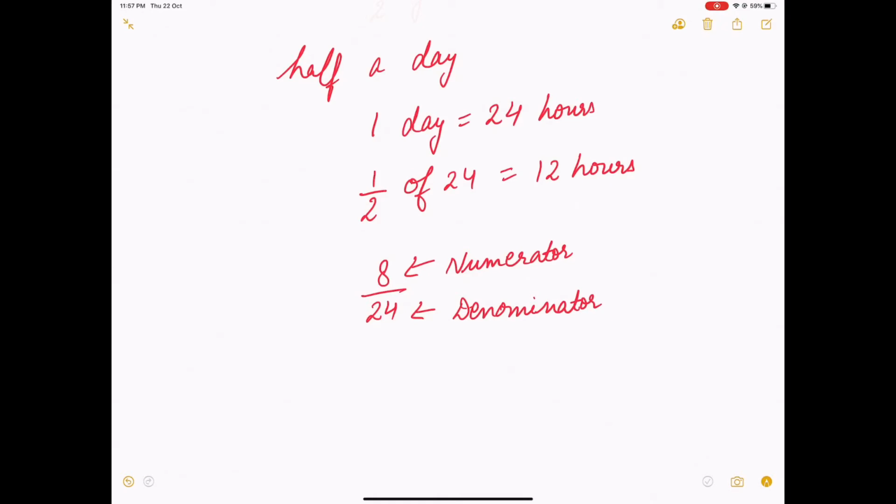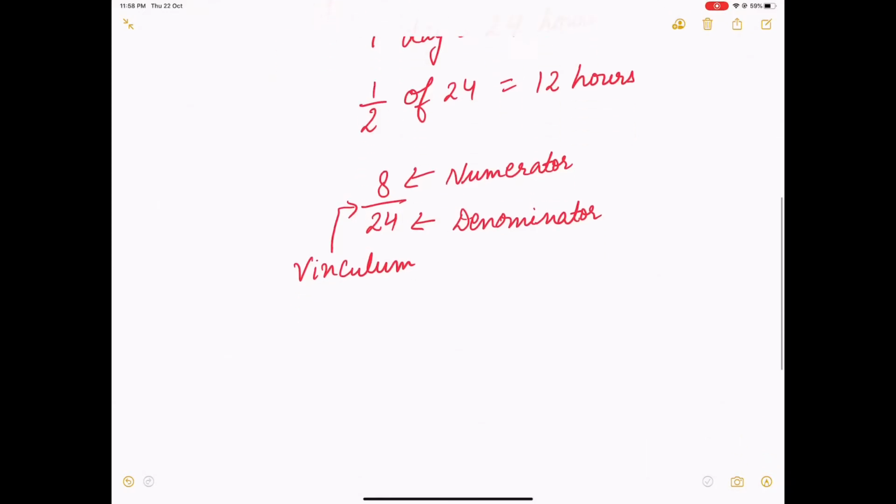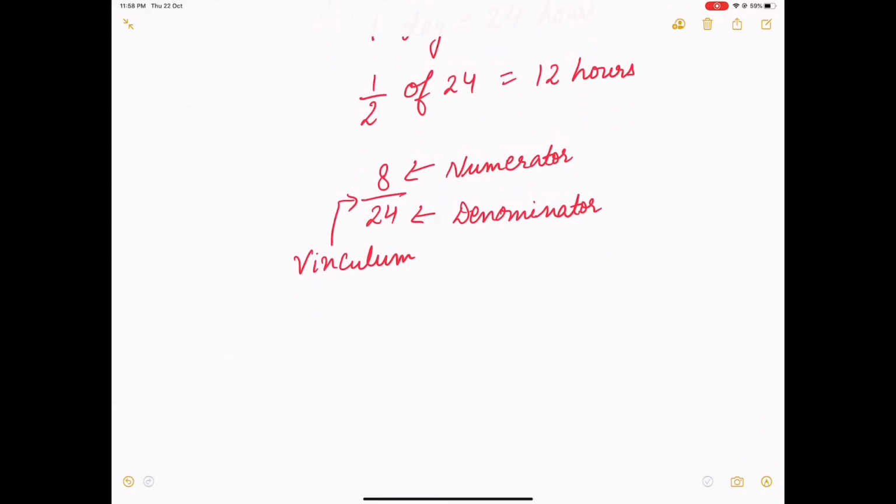And the line which divides numerator and denominator is called vinculum. So out of 24, I sleep for 8 hours. This is a fraction which has a numerator and denominator divided by a vinculum. This is the basic fraction.